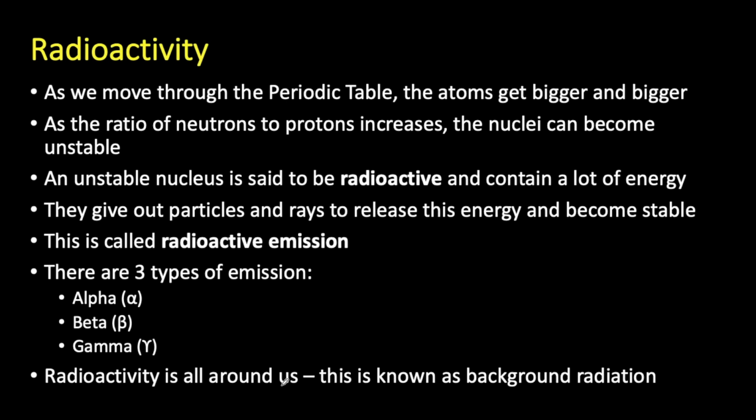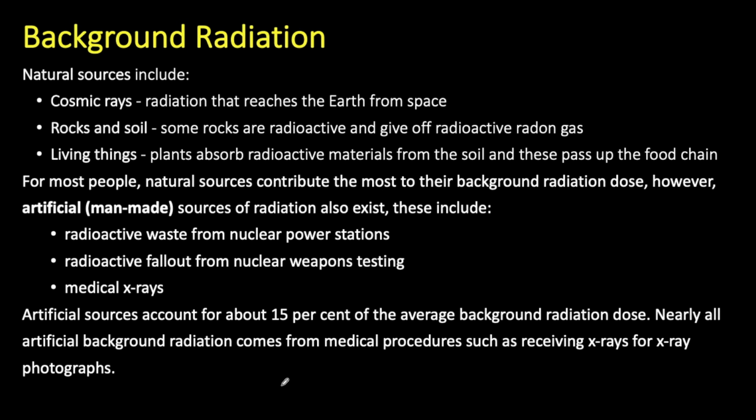Radioactivity is something that is all around us, and that which is all around us is called background radiation. So there are a lot of natural sources of radiation. Cosmic rays, which is radiation that reaches the Earth from space, such as the radiation that comes from the sun. Within our Earth itself, we have some rocks that are radioactive and they give off radioactive radon gas.